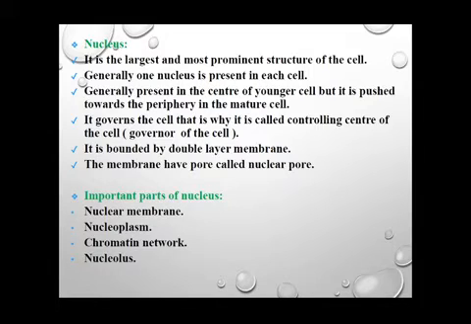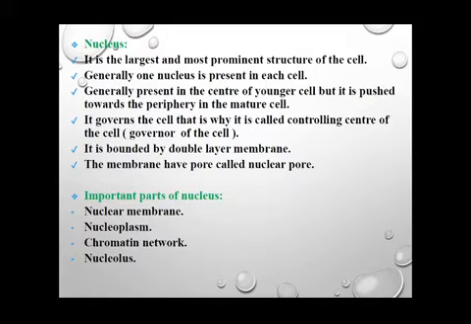So the nucleus is an important component of the cell. It is the largest and most prominent, that is, the most important structure of the cell. In each cell there is one nucleus. Each and every cell which is present, whether in a plant or in an animal, contains one nucleus.